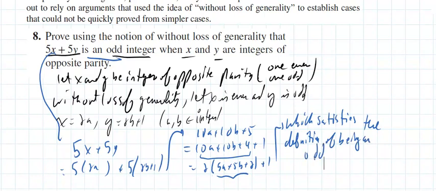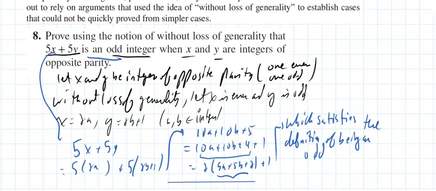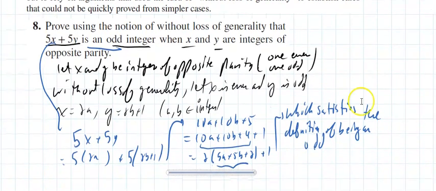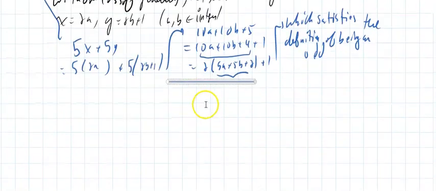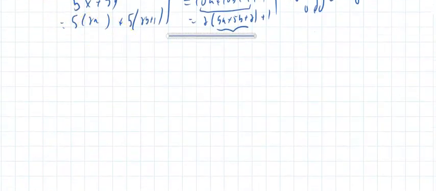So that's sufficient. Anytime you want to show odd, just show 2 times an integer plus 1. Okay, let's fix the other one.